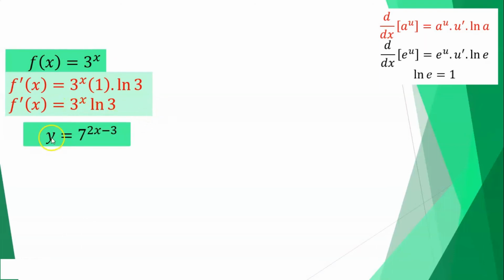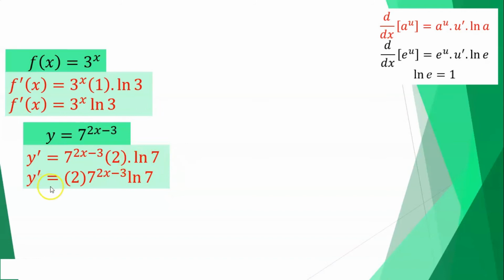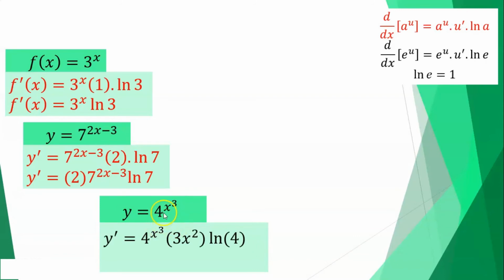Another, if we're given y is equal to 7 to the power of 2x minus 3, to get its derivative, copy the given, times the derivative of the exponent, which is 2, times the natural log of the base, which is 7. Or we can rewrite it this way. Another, if we're given y is equal to 4 to the x cubed, to get its derivative, copy the given, times the derivative of the exponent, which is 3x squared, times the natural log of the base, which is 4.